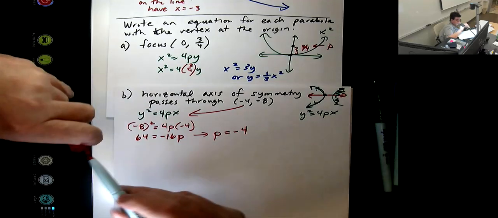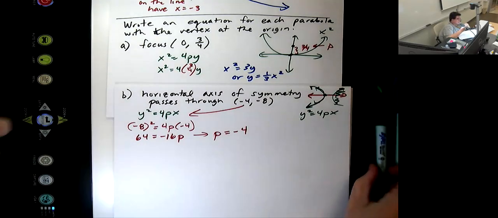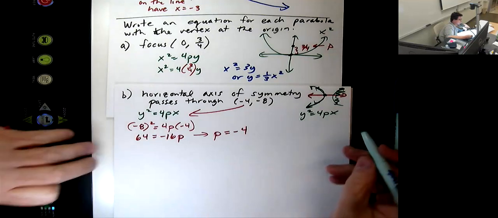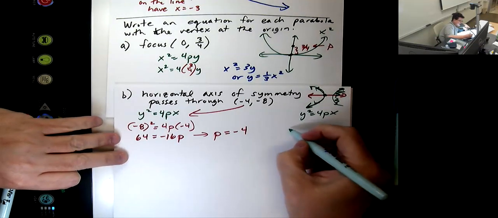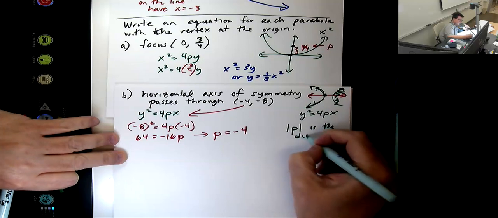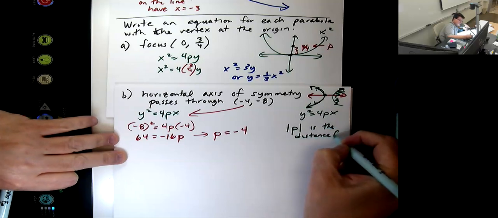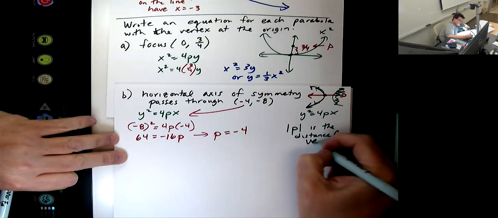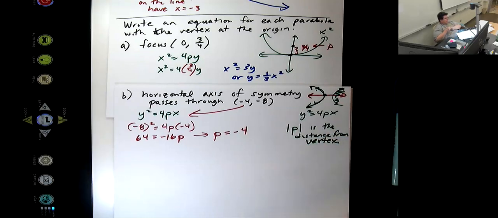Which makes me want to amend what I said earlier. When I said p is the distance from the vertex, the absolute value of p is the distance from the vertex, because p can be negative and distance cannot.